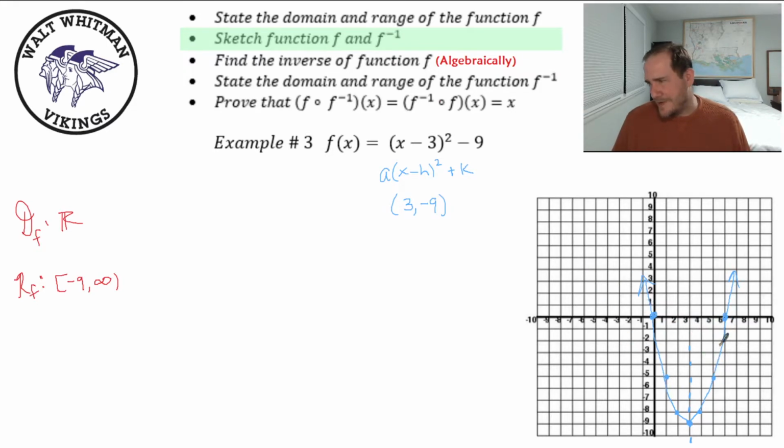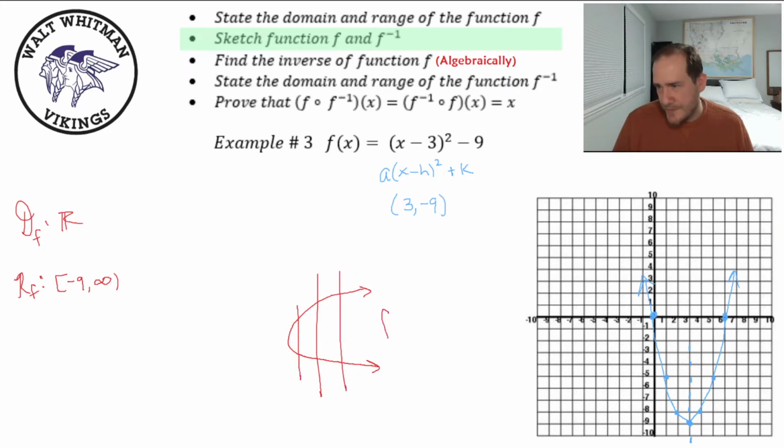Because if you can imagine flipping this over the line y equals x like we do, you're going to end up with one of those sideways opening parabolas. And so suddenly all the horizontal lines that caused us to fail the horizontal line test become vertical lines that cause us to fail the vertical line test. And so suddenly we know that f inverse is not a function.